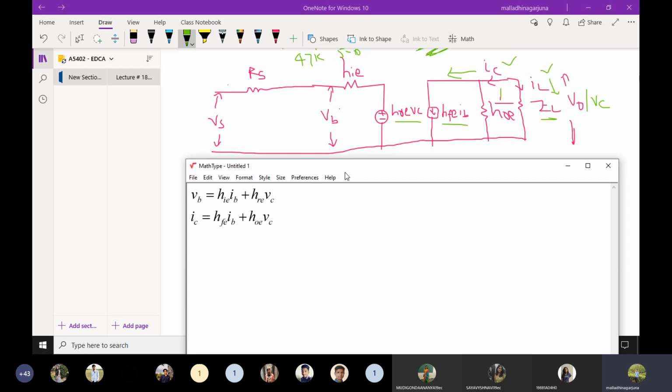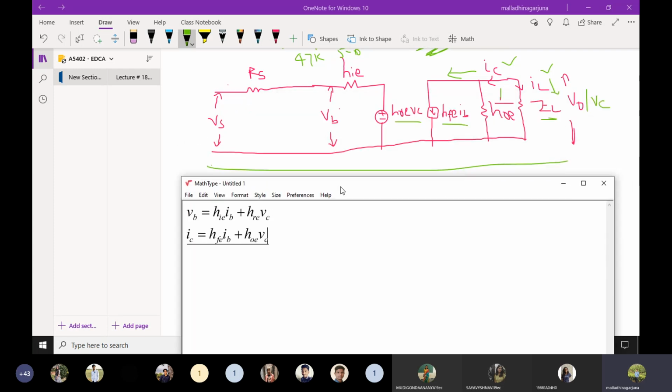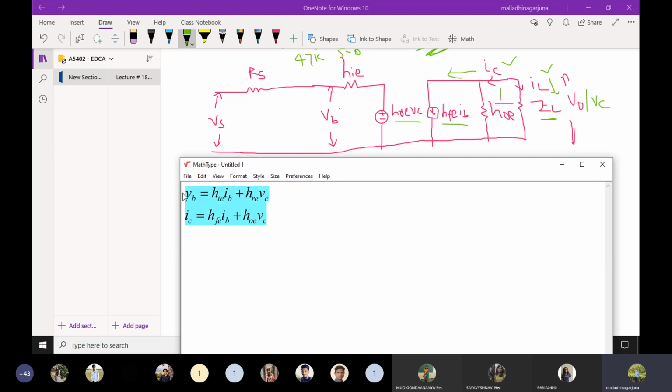So these two are the H parameter equations.